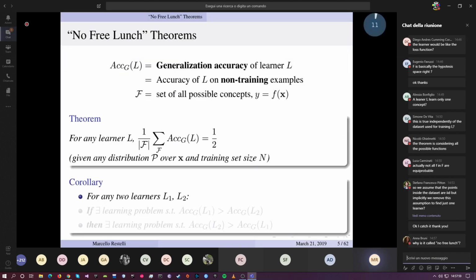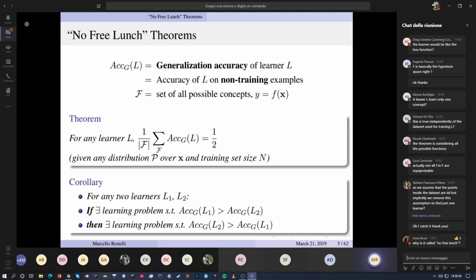There is another way. Why it comes to lunches is maybe clearer in this second way, in another version of the no free lunch theorem. The corollary that you see here says that for any two learners, so now take two different algorithms, L1 and L2, if there exists a learning problem in which the first learner is better than the second learner, then for sure there will exist another learning problem where the second learner is better than the first learner.